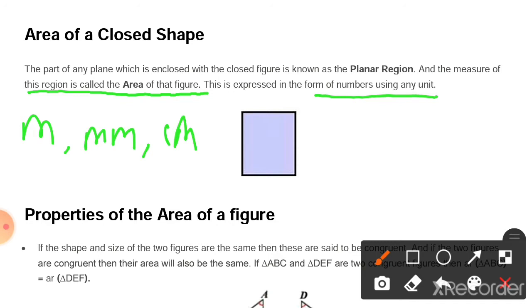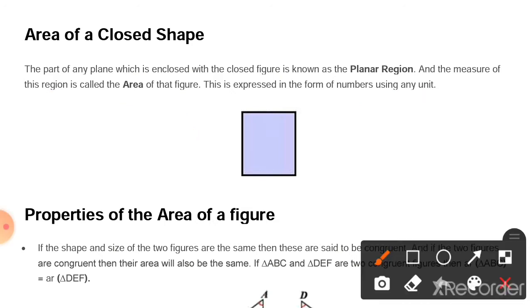We measure the area of that shape in these units. Correct? So in your diagram you can see there is a closed figure, say a square, and the purple color indicates the area of that shape. So this is the definition of area of closed figures.